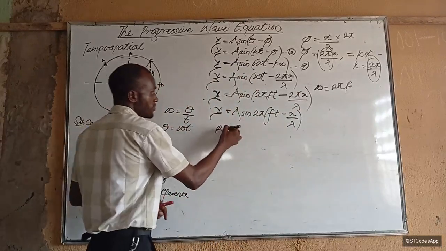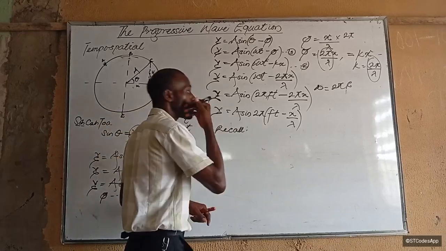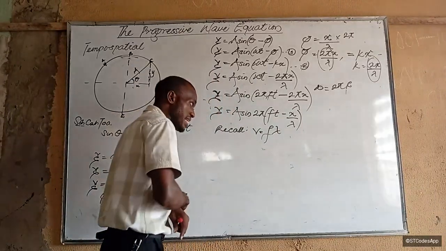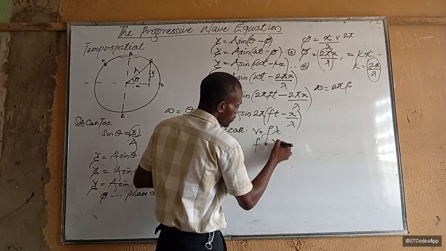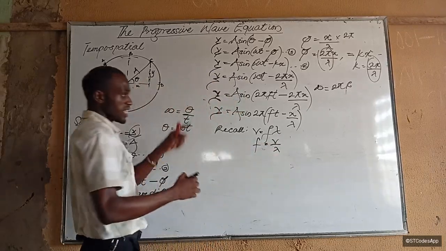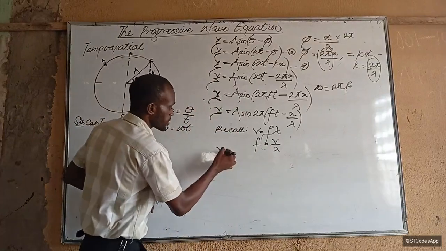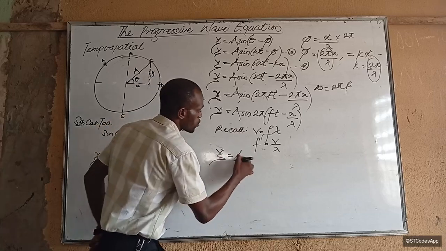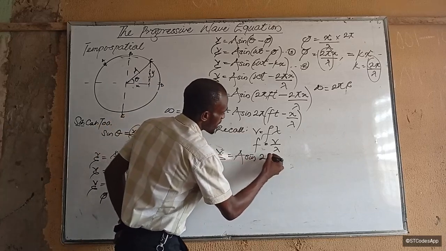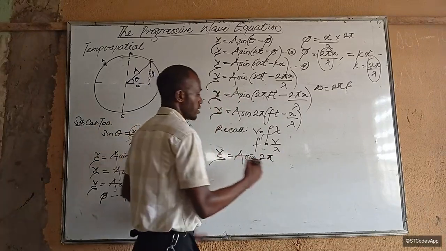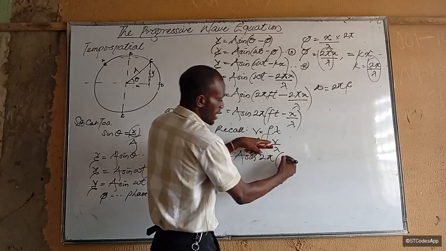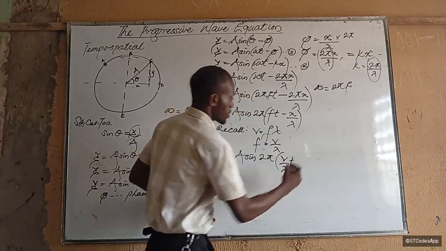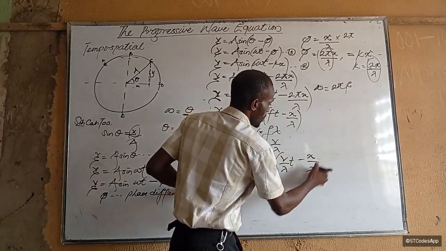But recall again that v is equal to f lambda, right? Meaning that f will be equal to v over lambda. If that is the case, we can transform this equation to y equal to A sine of 2 pi into bracket f, which is now v over lambda, times t, minus x over lambda.